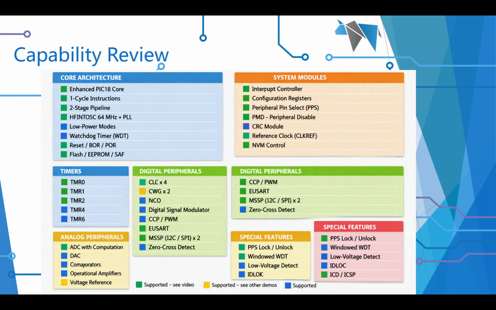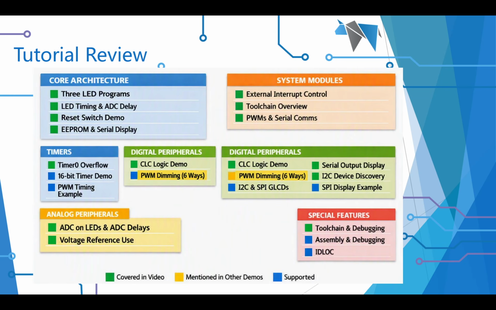Special features, they're all fully supported. So we've seen great capabilities for this microcontroller. And how does that diagram map to what we've seen? Core architecture, we've tested that with LEDs and reset programs, EEPROMs and serials. Timers, we've seen in terms of timer overflows, pulse width modulation, and 16-bit timers.